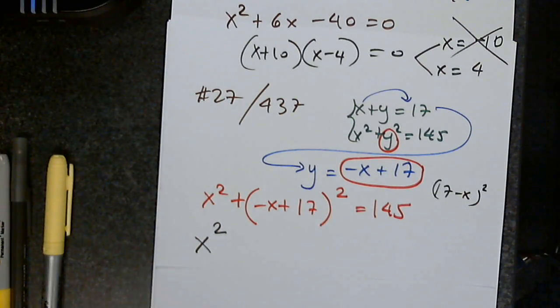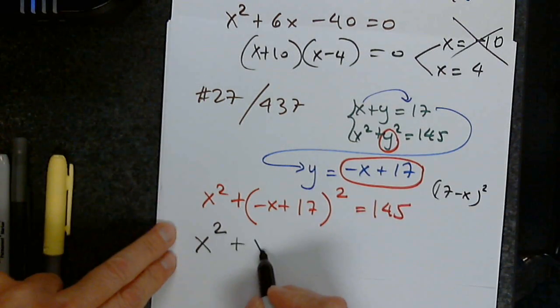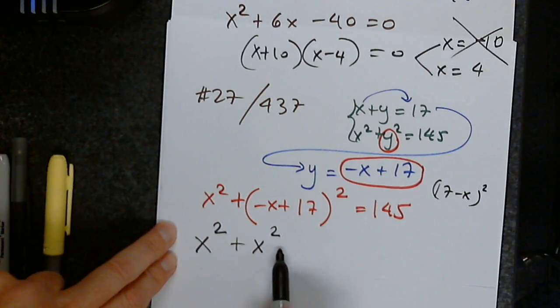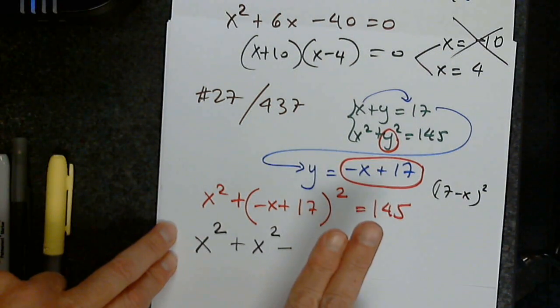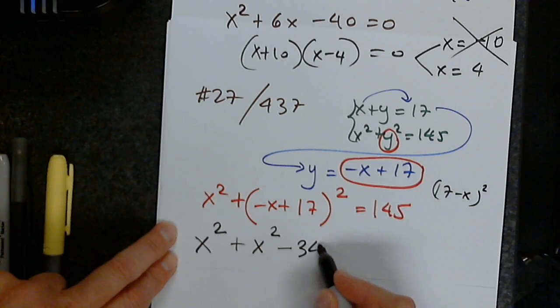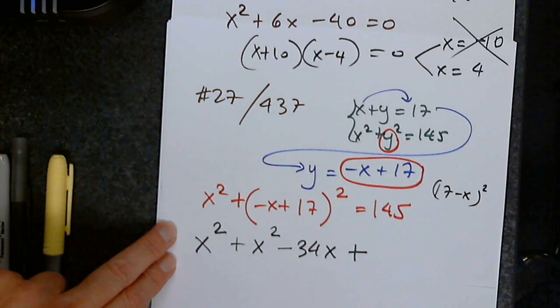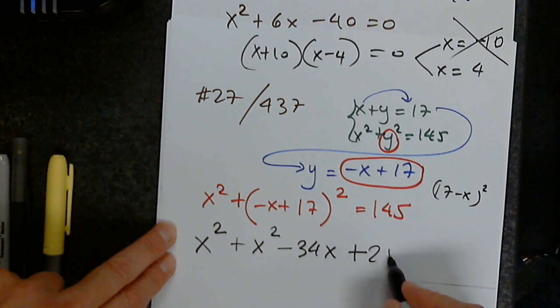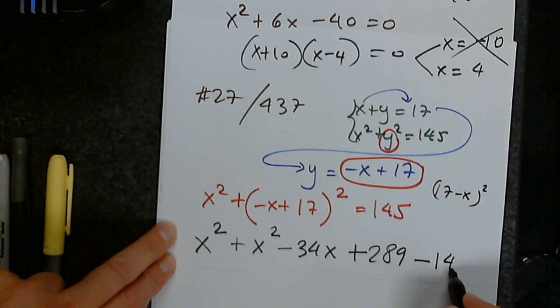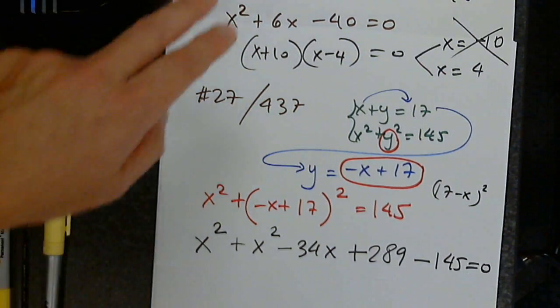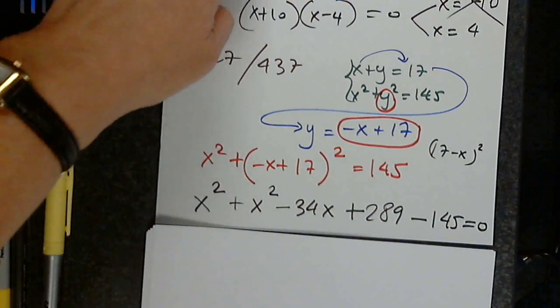X squared minus 2, yes, negative 34x and plus, very good, and minus 145 equals 0. Excellent. Well done.